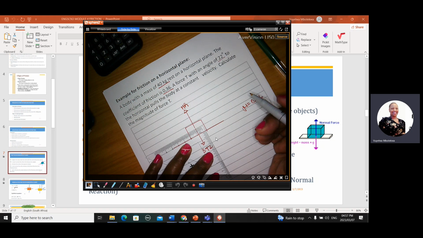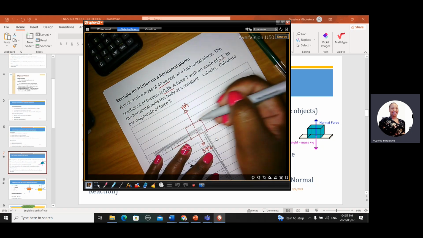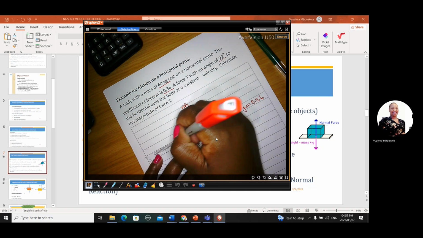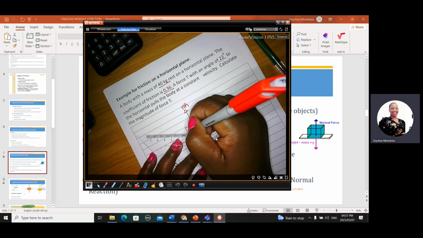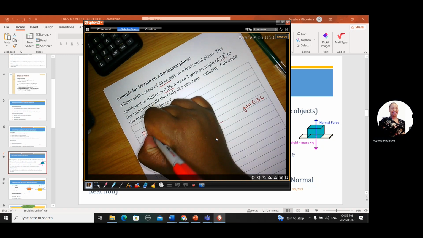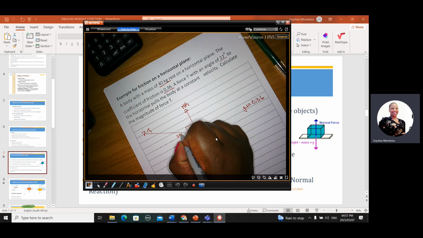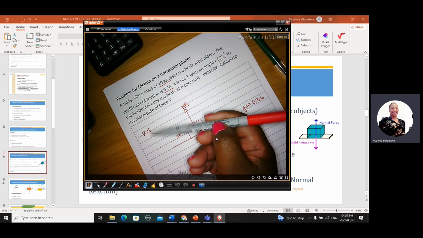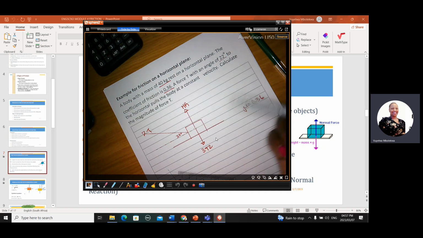So I'm going to make the force T pull this side. Force T is here. It's at an angle of 22 degrees. It pulls the body. So if they say it pulls, make it pull. If they say it pushes, make it push.